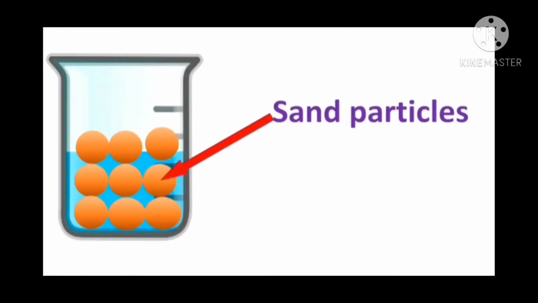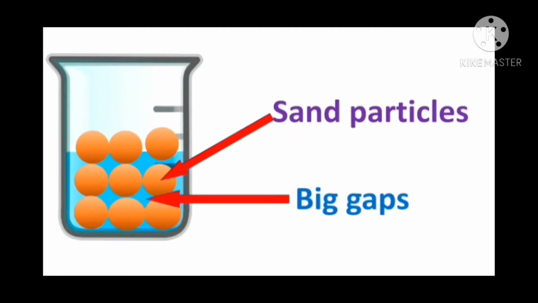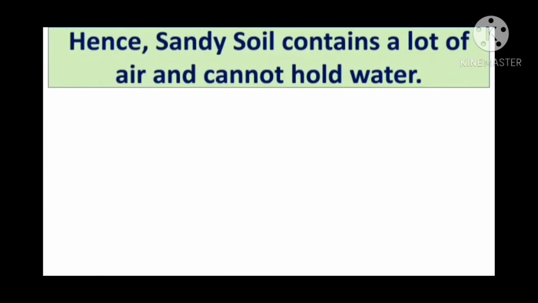You can observe the particles here in the video. These are very big and there is a large gap between the two particles, and in between these big gaps air is filled. Hence sandy soil contains a lot of air and cannot hold water.